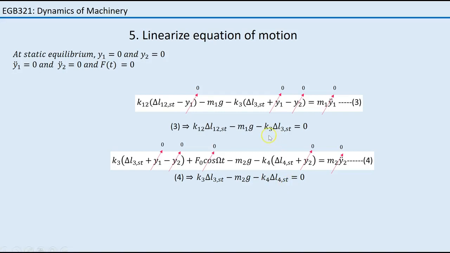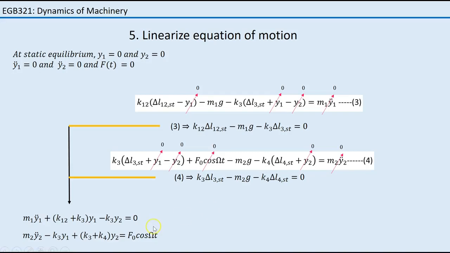Once we get this kind of expression, what we want to do is substitute these two values into equations 3 and 4, and the equation becomes a bit simpler, which looks like this.